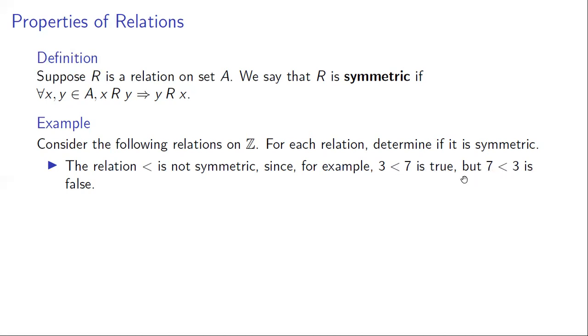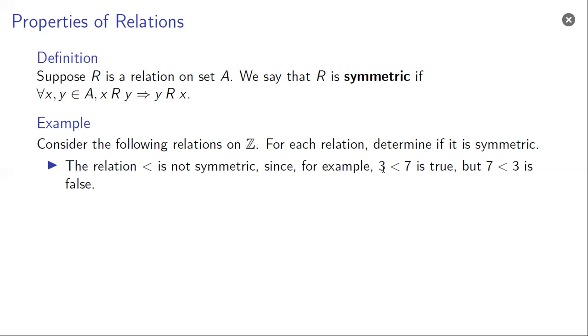So this if-then becomes false, right? Because here we have an example where the if part is true. X is related to Y, 3 is less than 7, and yet the then part is false, 7 is not less than 3. Here X is 3 and Y is 7, and then again Y is 7 and X is 3.